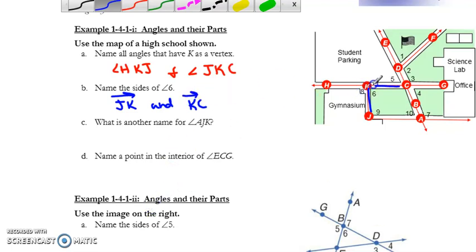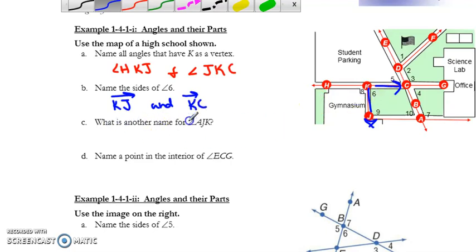Or sorry, it's KJ. We want to go from the center out, especially with our ray symbol there. So KJ, since we're going from the endpoint out. There's our kind of arrow if we're referring to angle 6.